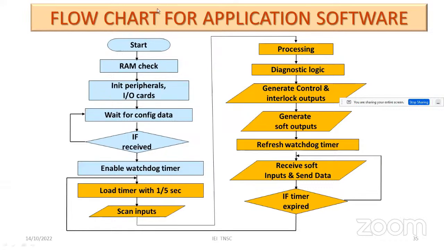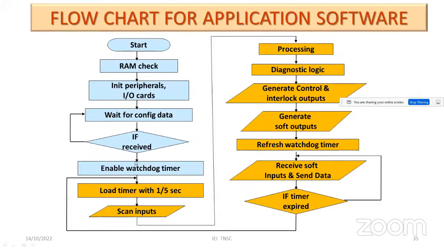This is the general flowchart for application software. That is: start, then RAM check, memory check, then initialize the peripherals and IO cards, then wait for the configuration data from the server. If it is received, it will continue. Otherwise, it has to wait for the configuration data.